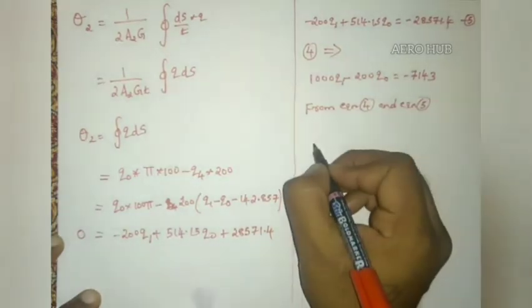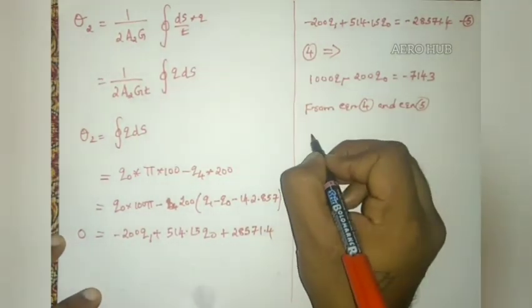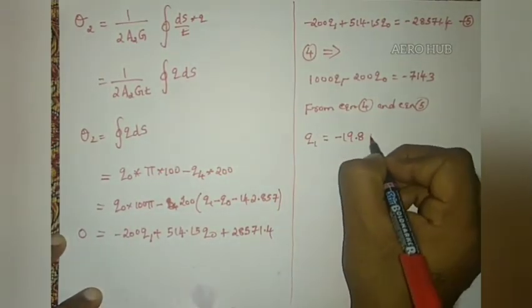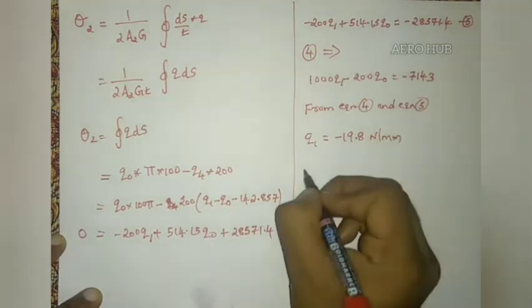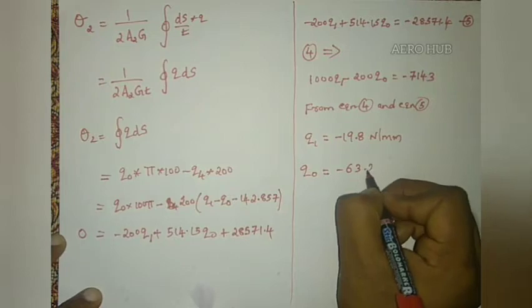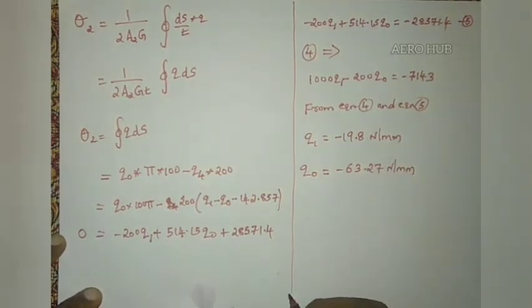After using calculator you can solve the equation for Q1 and Q naught. So I'll be getting Q1 is equal to minus 19.8 Newton per millimeter and Q naught is equal to minus 63.27 Newton per millimeter. Okay.